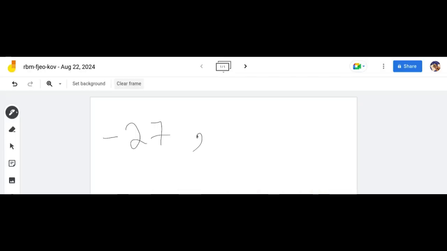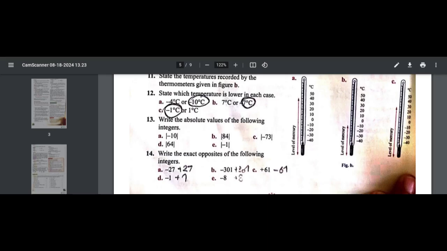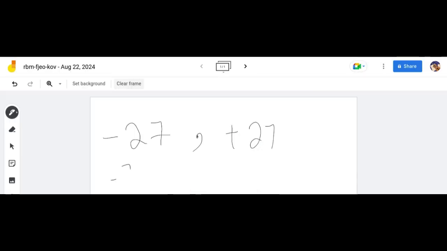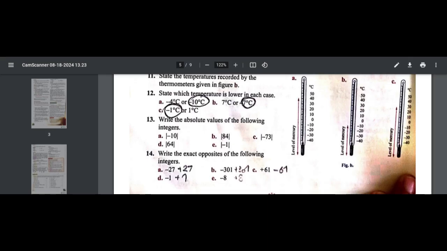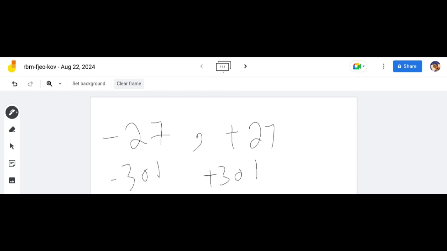Plus 27. Yes, plus 27. What for minus 301? Plus 301. And for minus 61? Plus 61. Yes, plus 61.